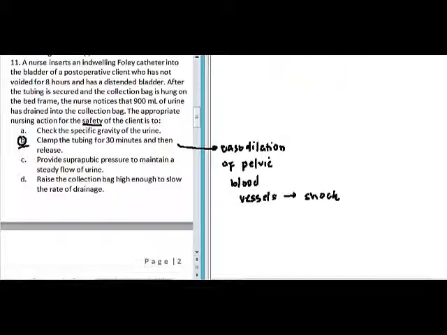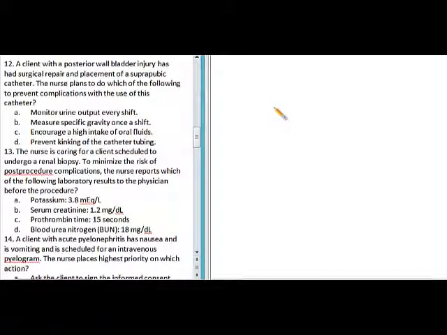Next, number 12. Client with a posterior wall bladder injury has a surgical repair and placement of a suprapubic catheter. Nurse plans to do which of the following to prevent complications with the use of this catheter? So remember that the patient has a suprapubic catheter in place in the bladder. So the answer here is D. Why?